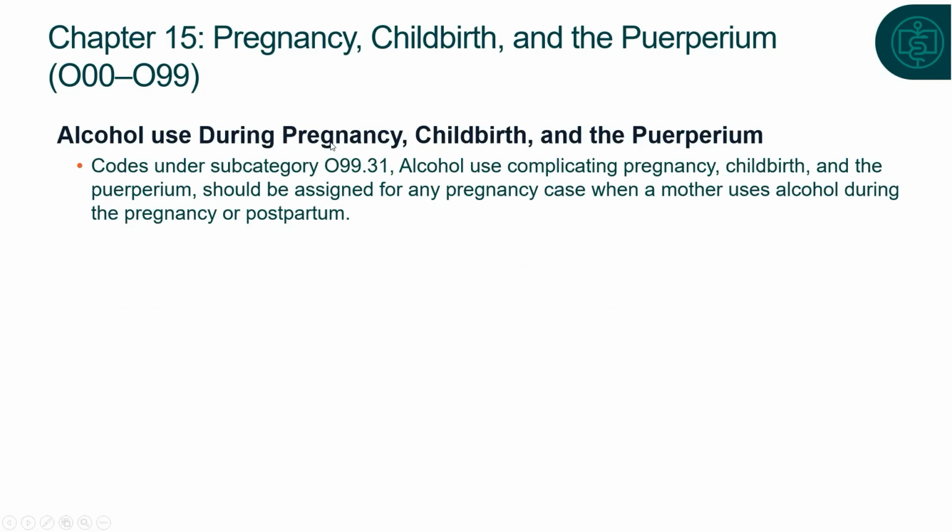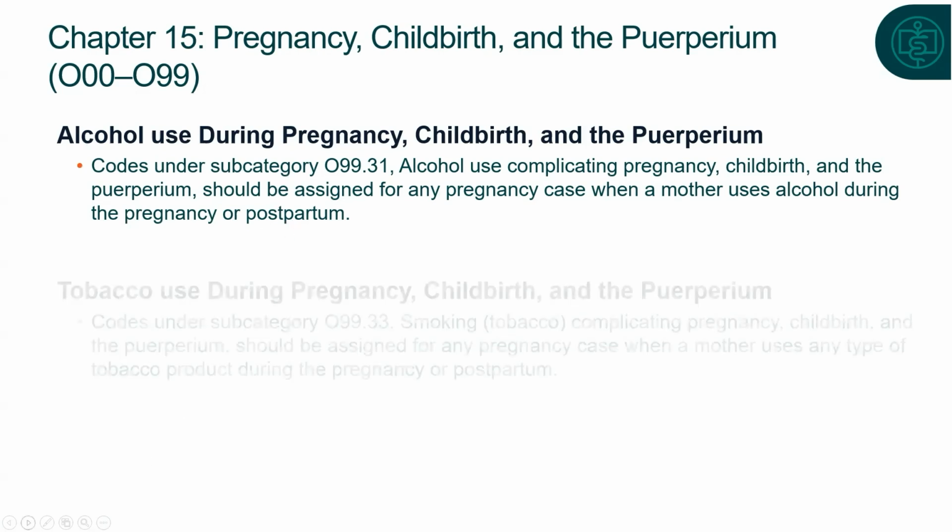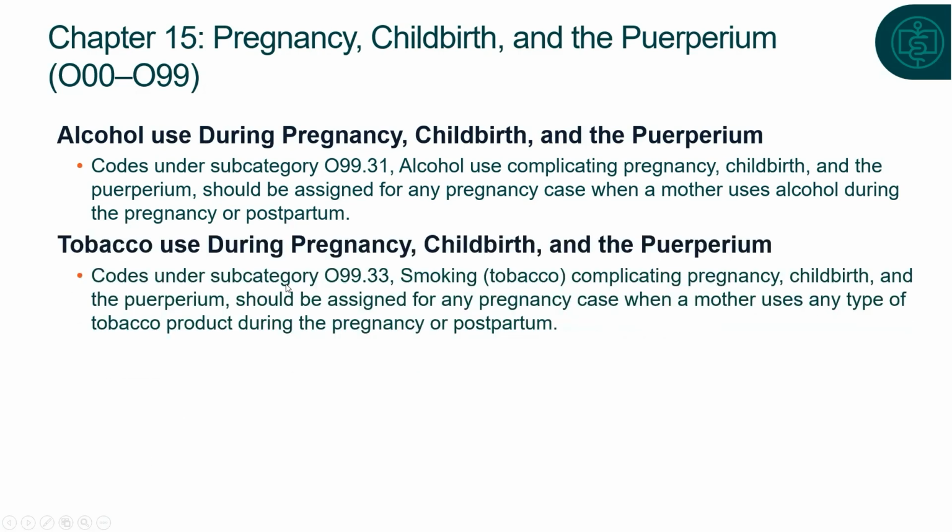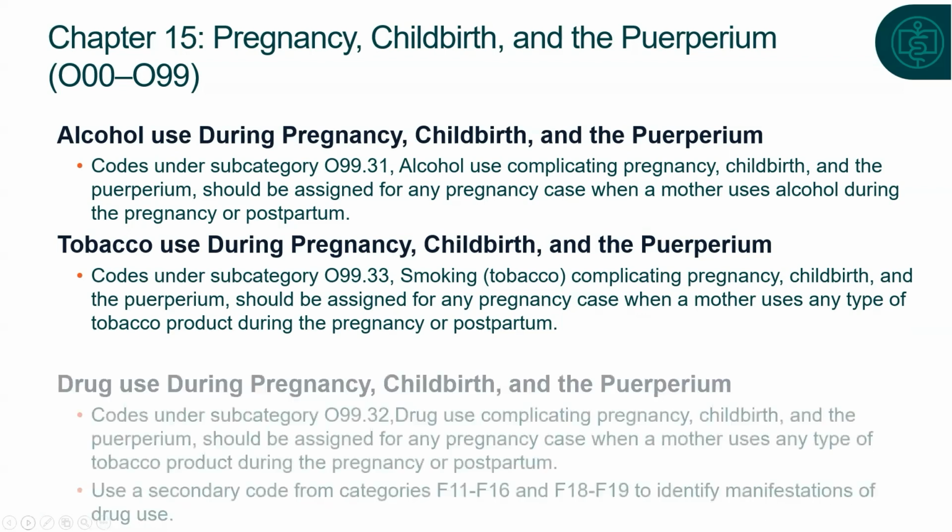For alcohol use during pregnancy, codes under subcategory O99.31, alcohol use complicating pregnancy, should be assigned for any pregnancy cases when a mother uses alcohol during the pregnancy or postpartum. Same for tobacco use. Codes under subcategory O99.33, smoking or tobacco complicating pregnancy, should be assigned for any pregnancy case when a mother uses any type of tobacco product during the pregnancy or postpartum.